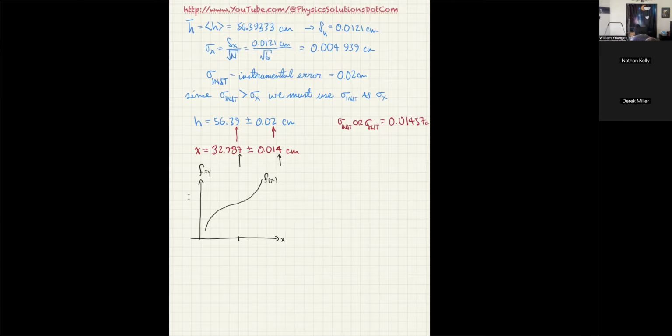If this is the x value that you have, let's call it x bar, because that's our best estimate. Since I keep calling it x bar, let me use the bar because that's a lot less writing. So if you take this particular x value and you put it in the function, then the function, by definition, is going to give you this value, which is f of x bar.